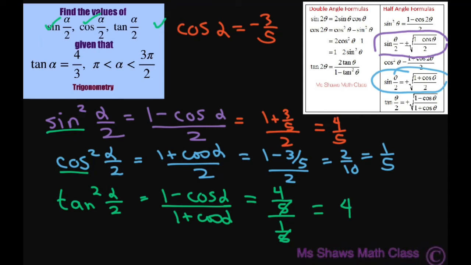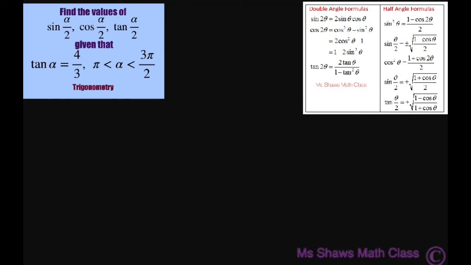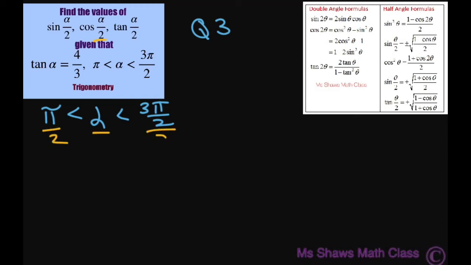So basically what we're going to do is notice that we're in quadrant 3. So our alpha is in between pi and 3 pi divided by 2. And what we're looking at is our half angles. If you divide everything by 2, you get pi divided by 2 is less than alpha divided by 2 is less than 3 pi divided by 4.